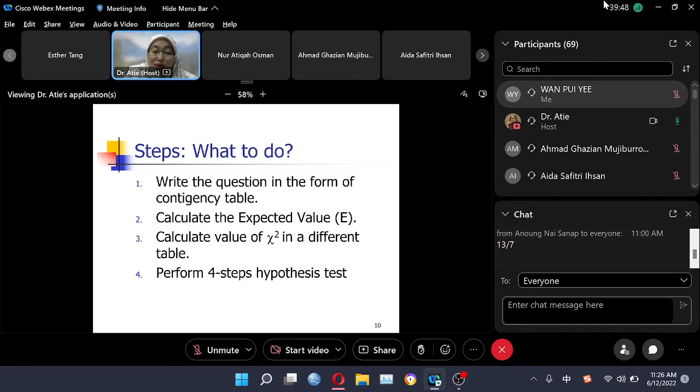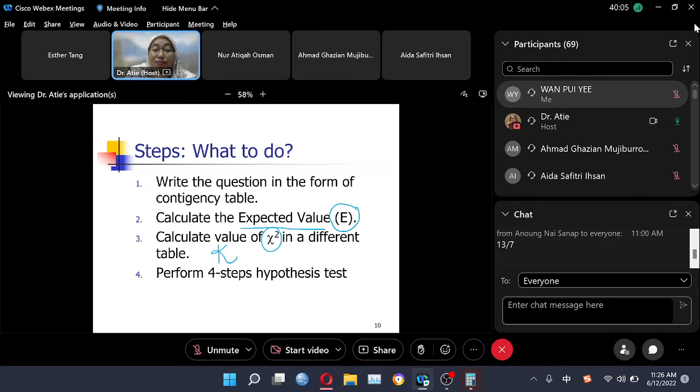And then you need to calculate something called the expected value, which is represented by the letter E, and then you need to calculate the value of chi square. So this is the letter chi, and then this is square, right? Chi square. And then you need to perform the 4 steps of hypothesis testing from the SPSS output.